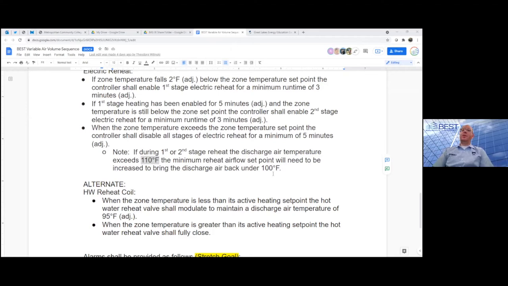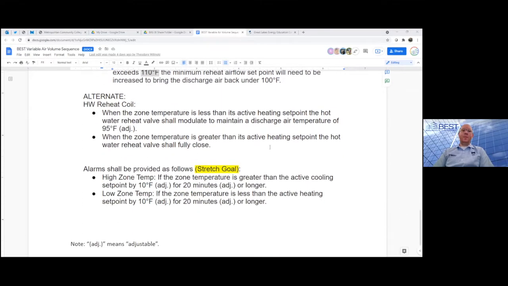Other comments or questions on our reheat sequence? Our last section on the sequence is a stretch goal, not because it's not important, because it really is. That's high and low zone temperature alarms.